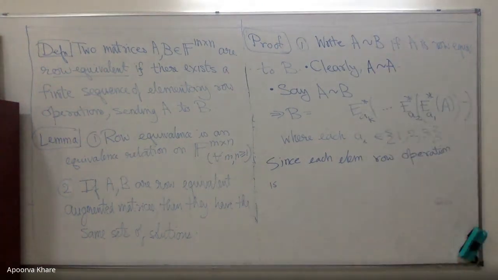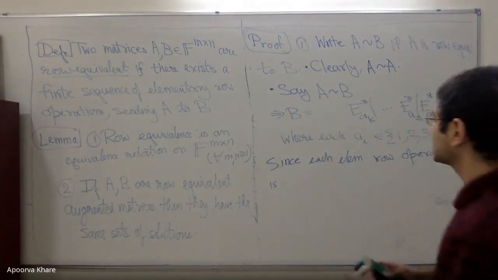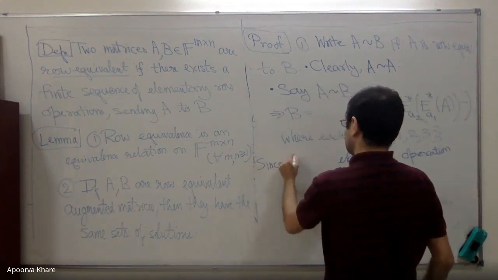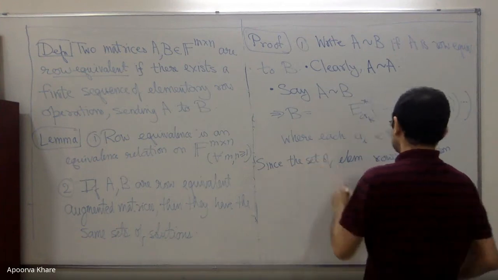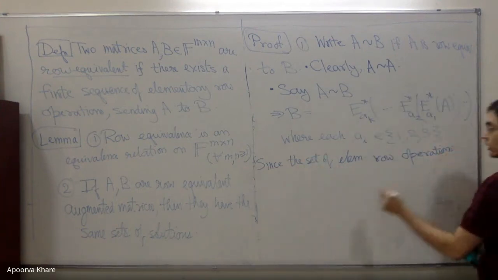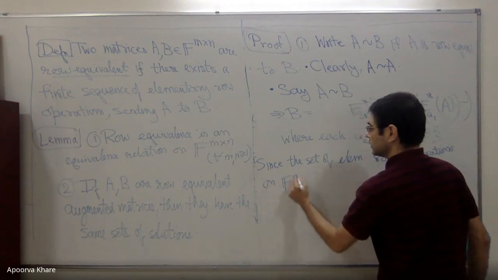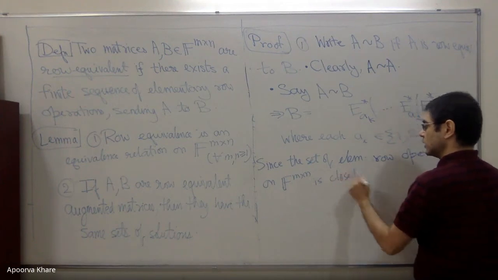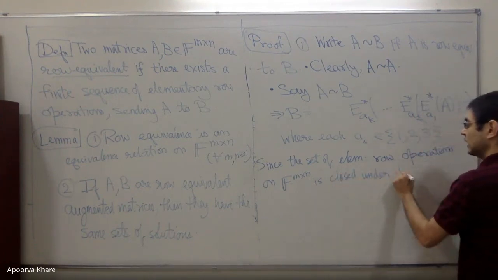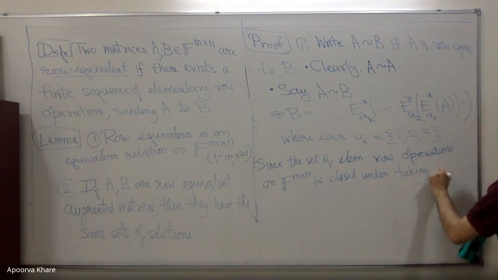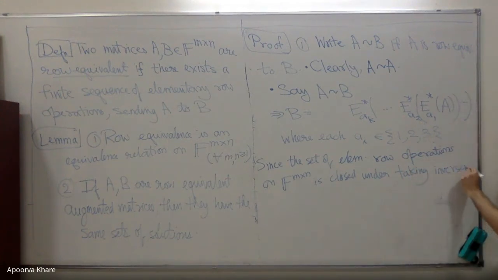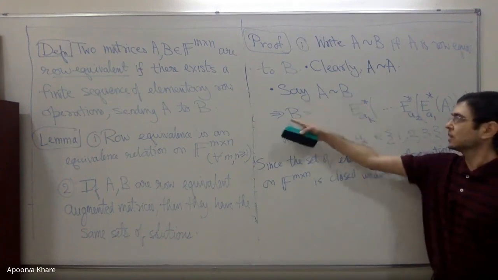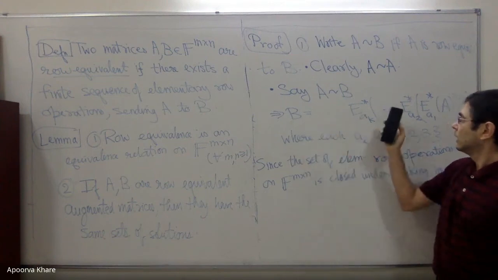Actually, even better, since the set of all elementary row operations on F^{n×n} is closed under taking inverses, you start applying the inverses. So first you take E_{ak}, the inverse of this is again an elementary row operation of the same kind, and so on and so forth.